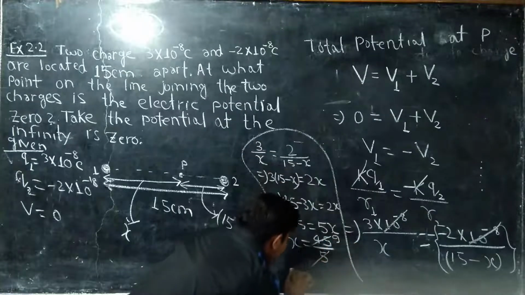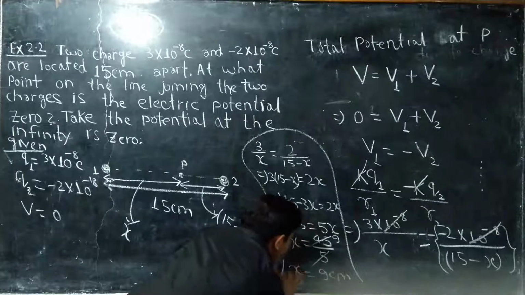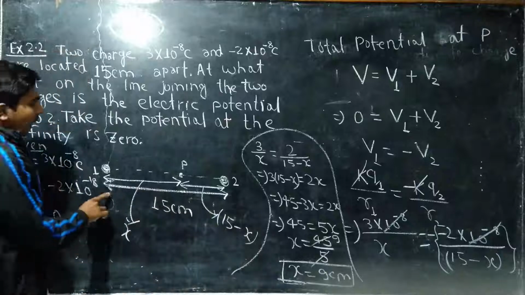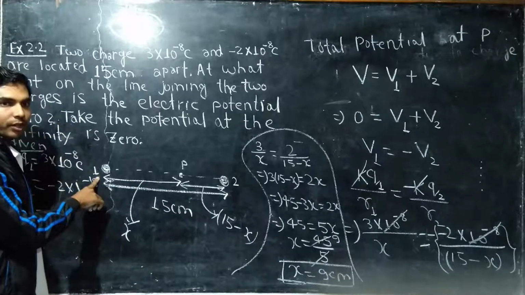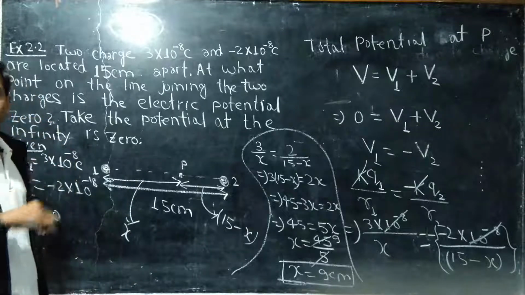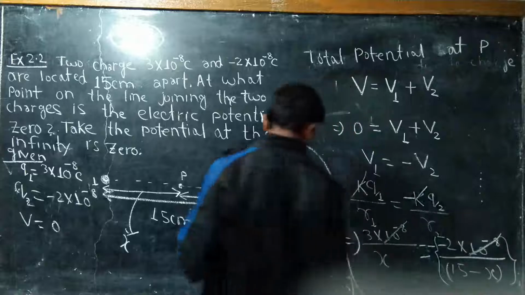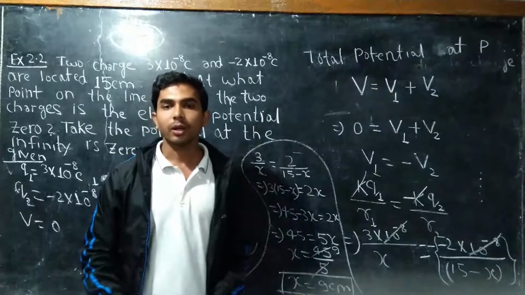So X is equal to 9 centimeter. So we can say that at 9 centimeter from this charge, electric potential is 0, right?